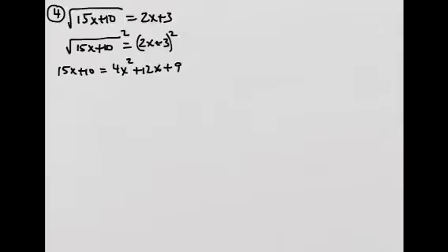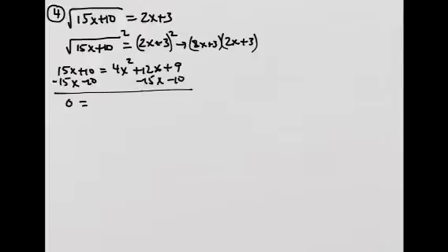Because remember, this means the same thing as 2x plus 3 times 2x plus 3. And that's how I get the right side. Move everything to the right, so minus 15x minus 10. So now we're left with 0 equals 4x squared minus 3x minus 1.